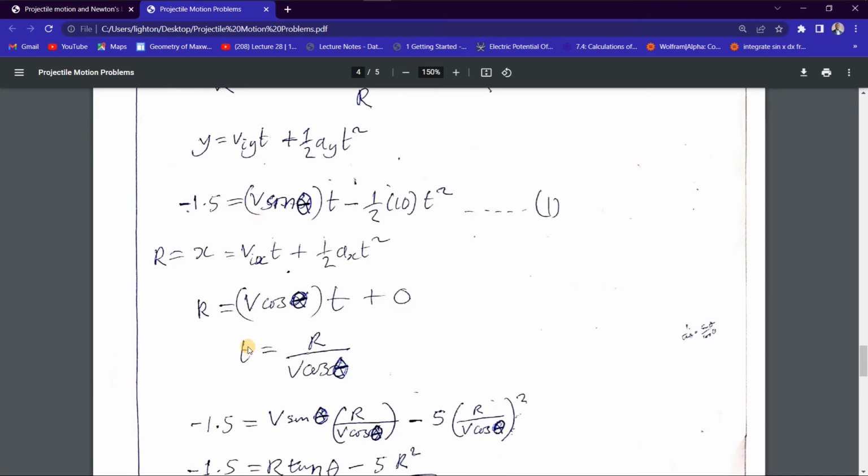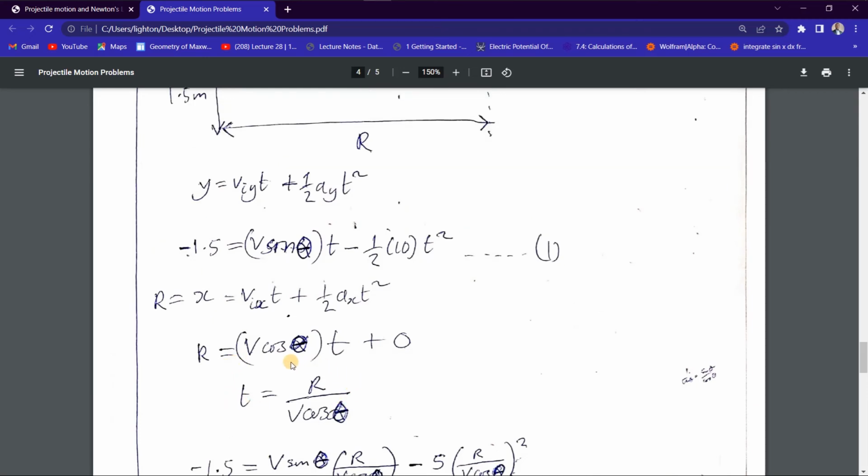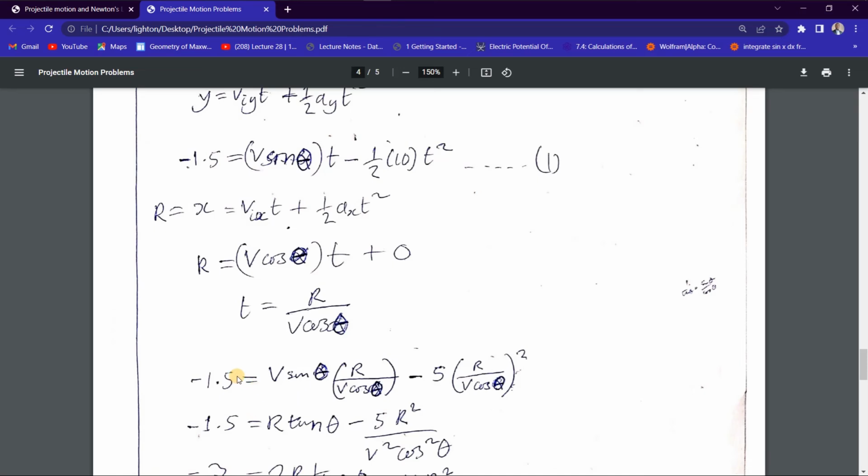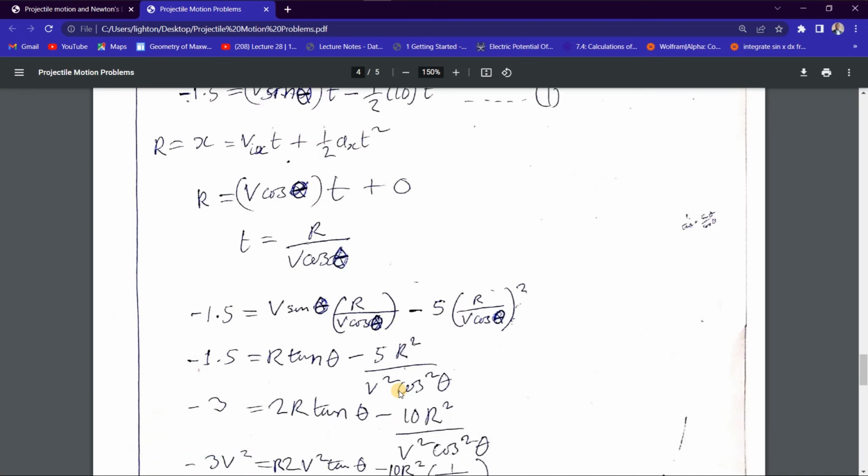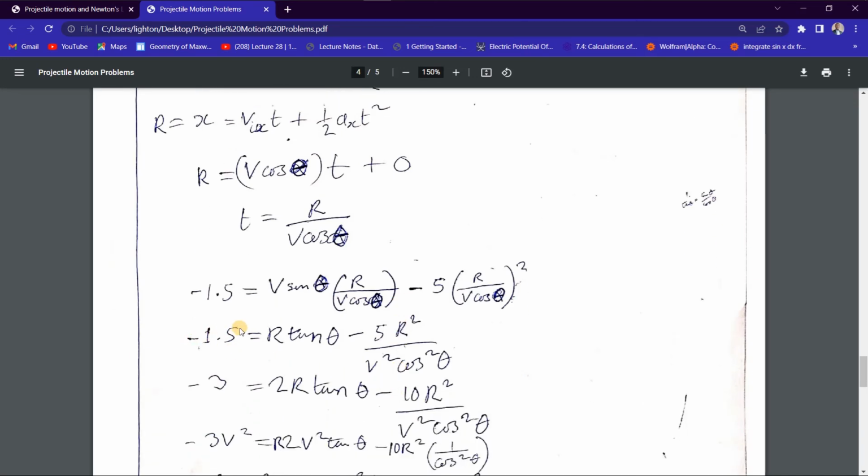So this expression is for the time, so we can keep it there, and then having it here, we can now take this expression and substitute in the time in equation 1 here. So doing that, we're going to have an expression like this, which can also be simplified further by saying minus 1.5 is equal to R tan theta. Tan theta is just coming from sin theta over cos theta, and the v's will cancel here.